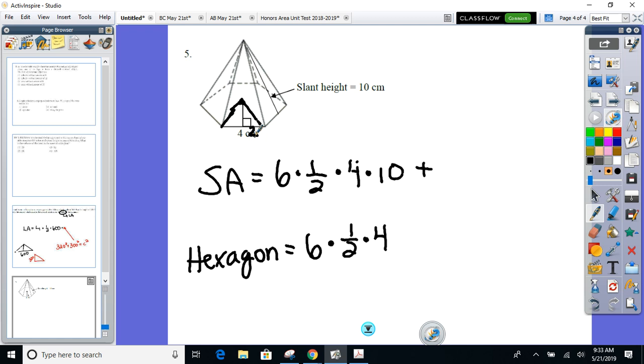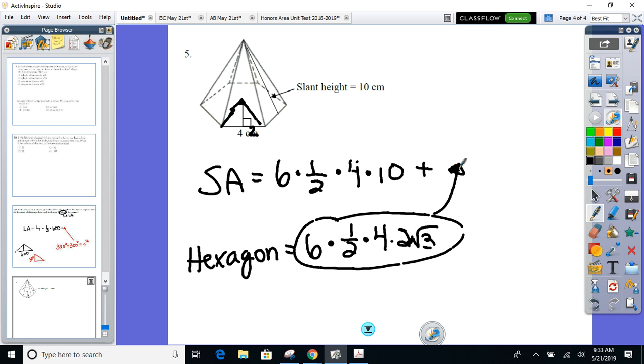So what's the 60 across from then? If 2's across from the 30, what's a 2 radical 3? Now, whatever that turns out to be, I am going to plug in as plus the base.